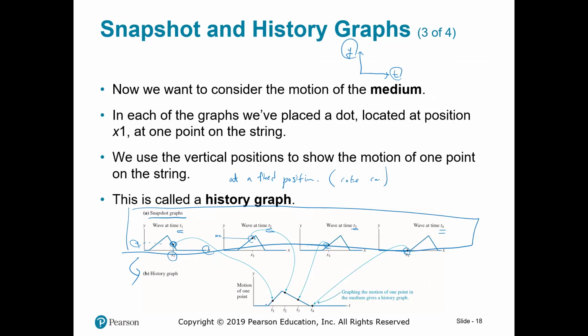I'm observing the same location, x1, and the height was initially here. Some time later, my height is here. Some time later, my height is here. And then my height is 0. So you see, especially when the wave is traveling to the right, you have an opposite shape. Why?